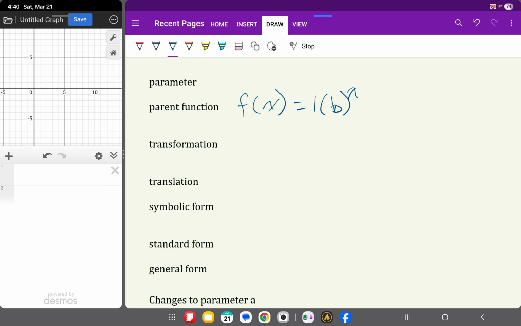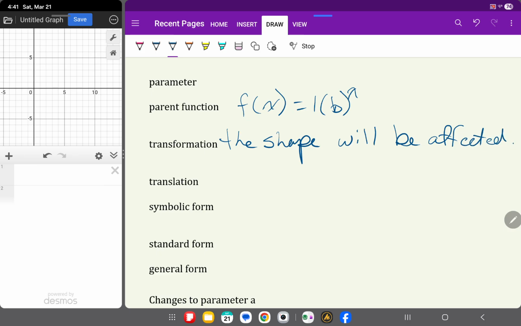All right, transformation. Transformation means that the shape will be affected. So in a transformation, the shape will be affected. Translation is when the function moves.